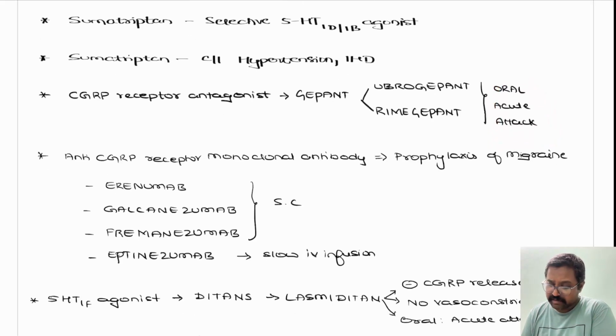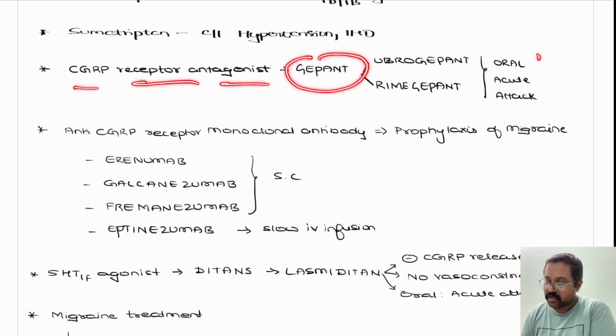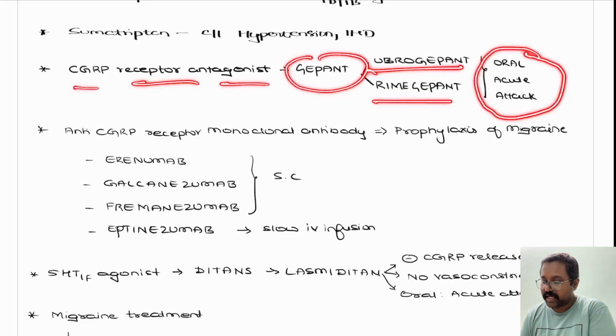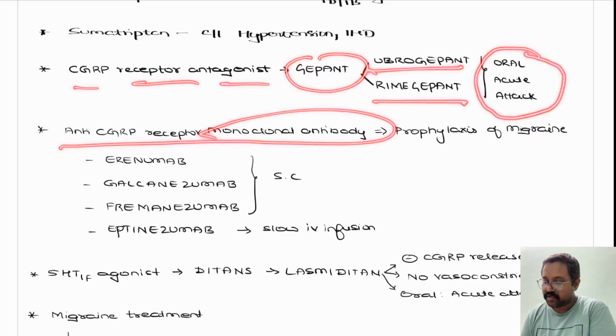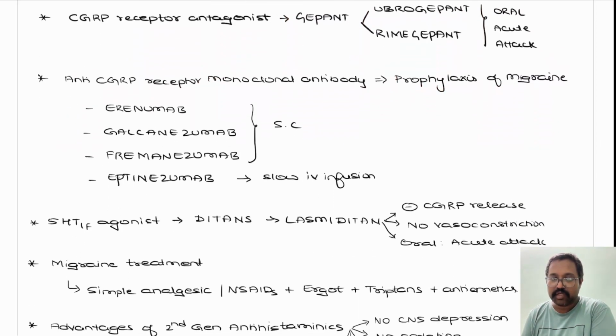Then next we have anti-CGRP receptor monoclonal antibodies. Again, these are used for prophylaxis. So please remember, the CGRP receptor antagonist, that is the gepants, ubrogepant and rimegepant, are used for acute attack through the oral route, whereas the anti-CGRP receptor monoclonal antibodies are used for prophylaxis of migraine. Here the names end with MAB, that is monoclonal antibody.